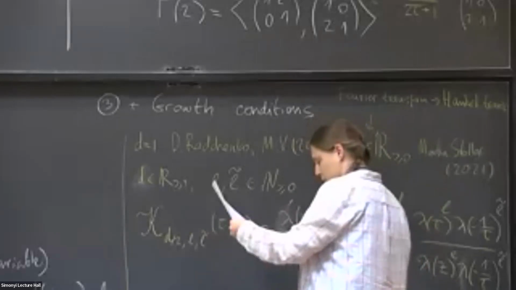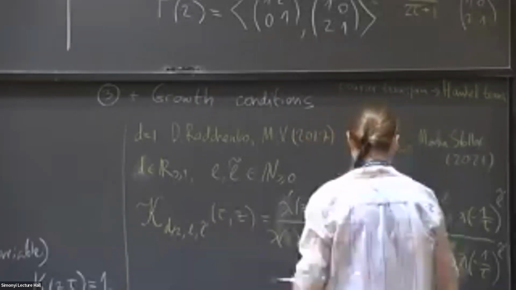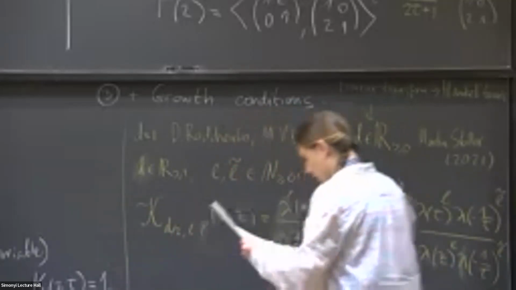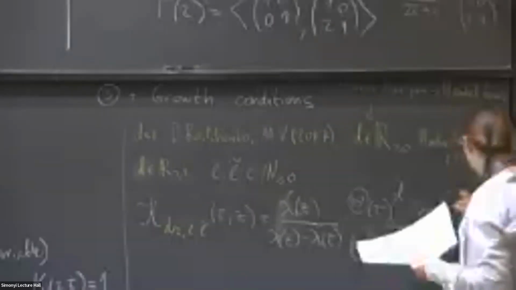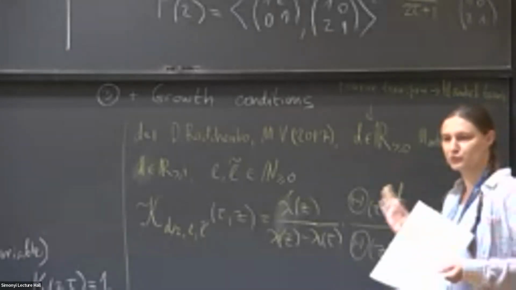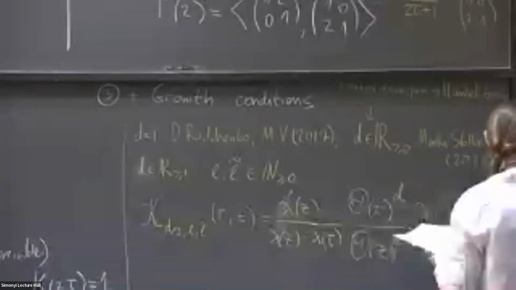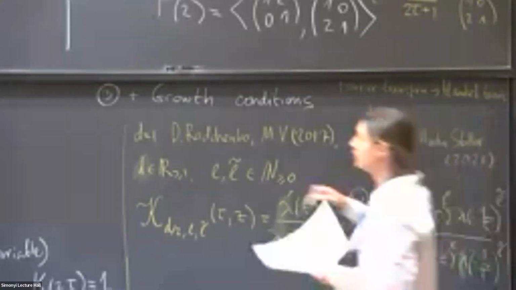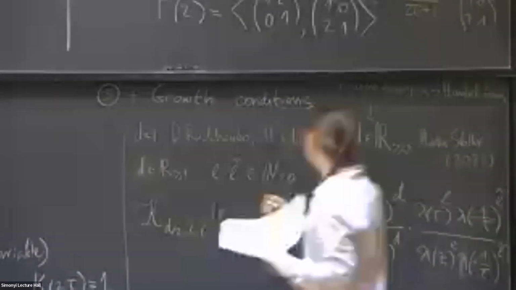Yeah, so now, after we have fixed one of these kernels and we have chosen L and L tilde in a correct, or admissible, way, then we can solve the equation there.